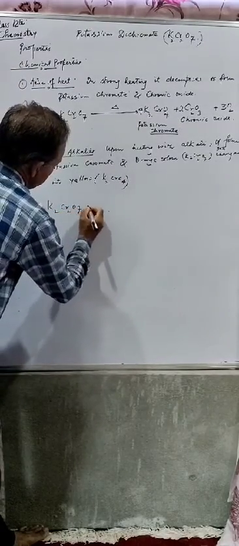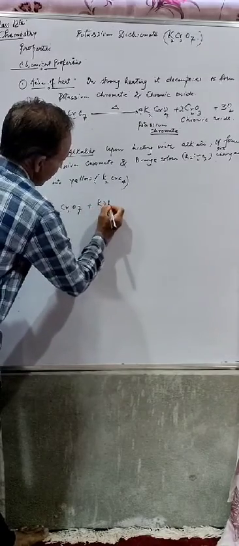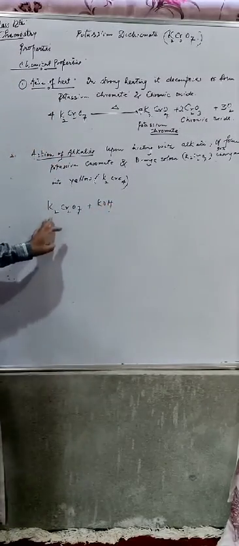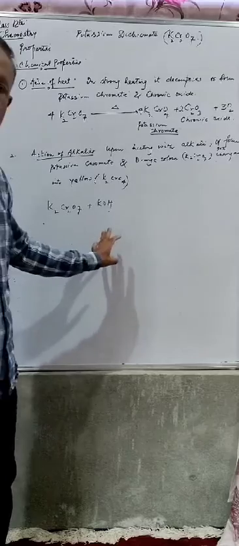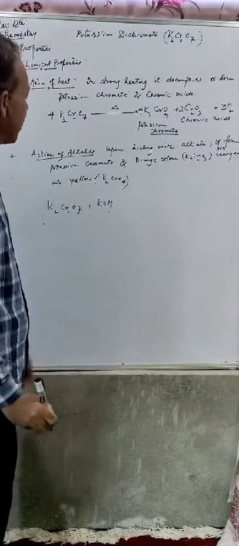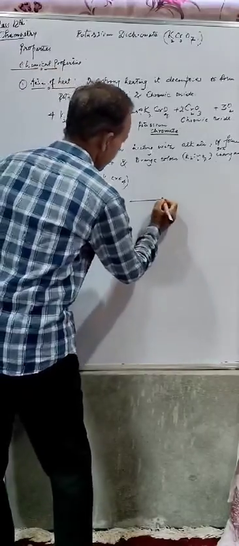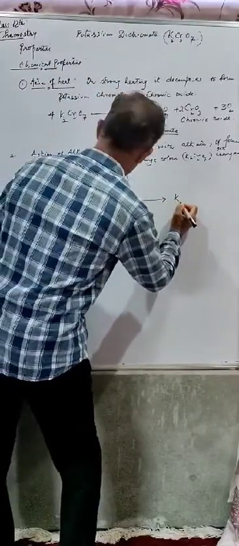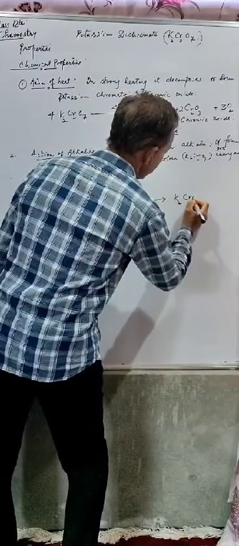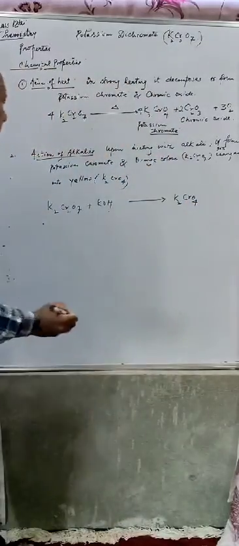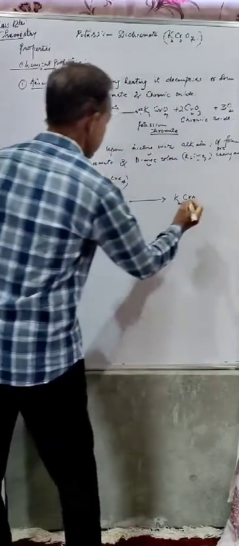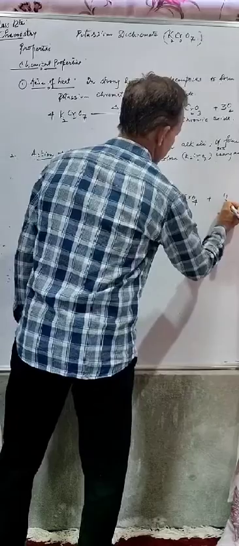So we will take the reaction K2Cr2O7 plus KOH. If we heat this potassium dichromate with an alkali like potassium hydroxide, upon heating it forms K2CrO4 plus H2O.